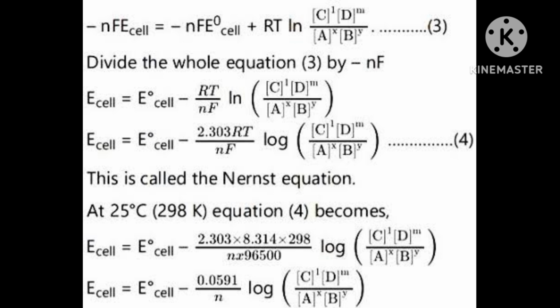Only there, in brackets, you have to write the concentration of the magnesium ion, and the silver ion concentration also.